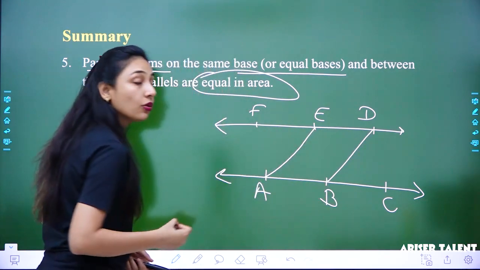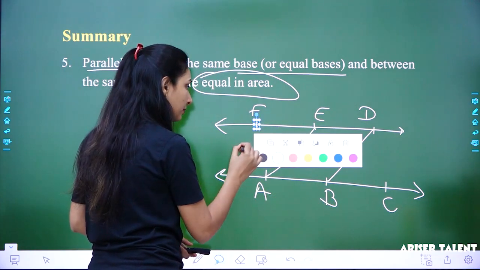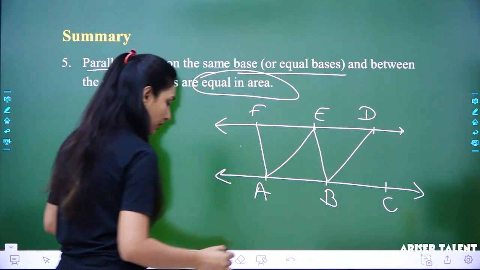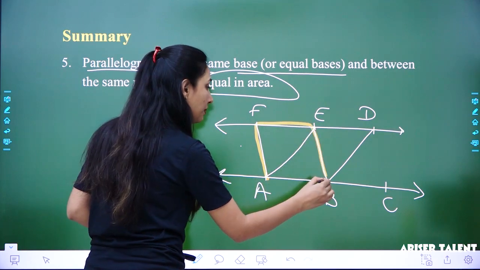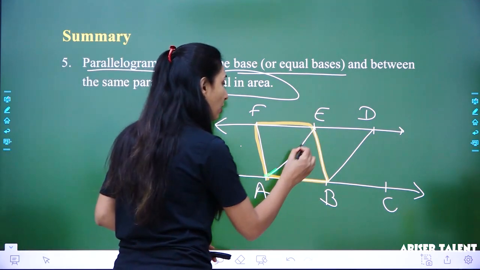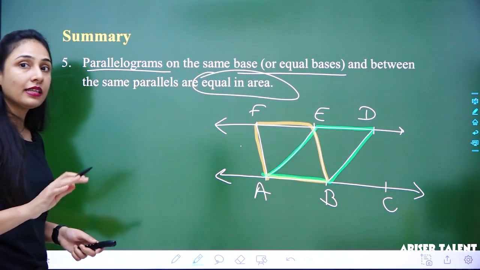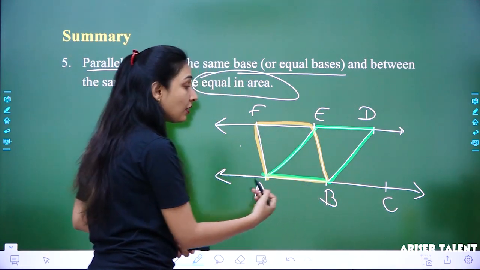This is the first parallelogram, and I have this base, and here is the second parallelogram. Now the area of parallelogram AFEB will be equal to the area of parallelogram AEDB. Is that clear to you? Because they are between the same parallels, and they have the common base.